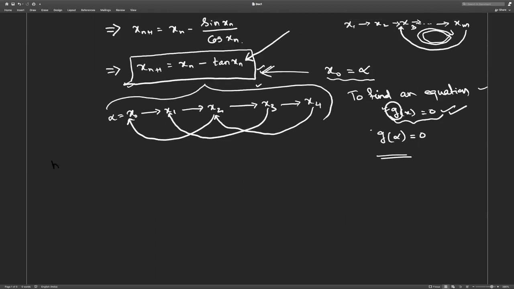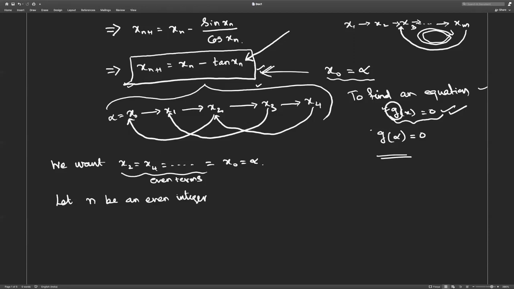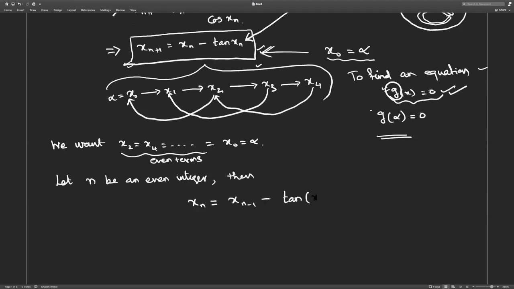Now what we want is that x2 equal to x4 equal to and so on, all even terms of the sequence, all should be equal to x0, which we have taken as alpha, right? Now what you do is, you take any n which is an even integer, then xn, that even integer, that is written as xn minus 1 minus tan xn minus 1, right?